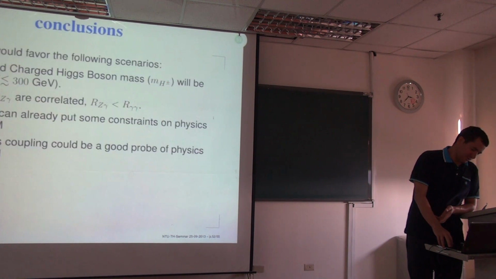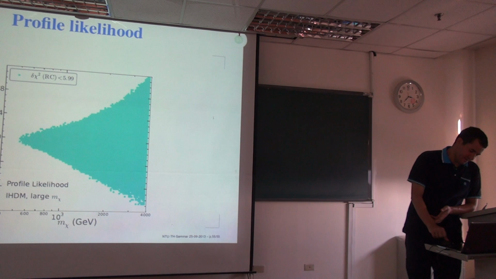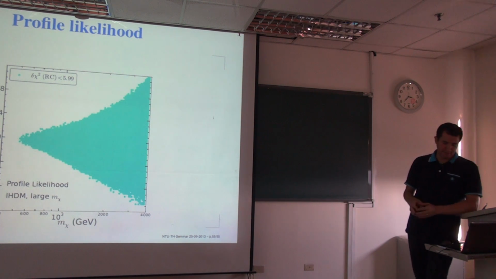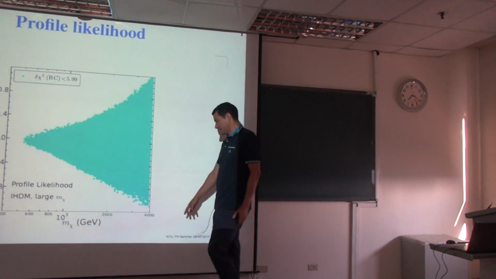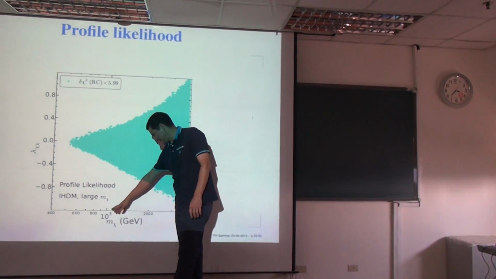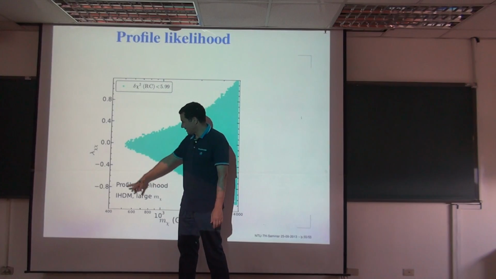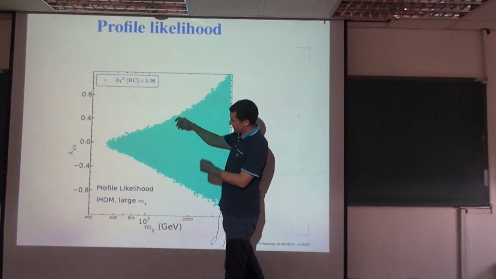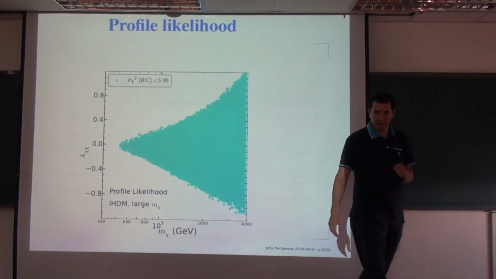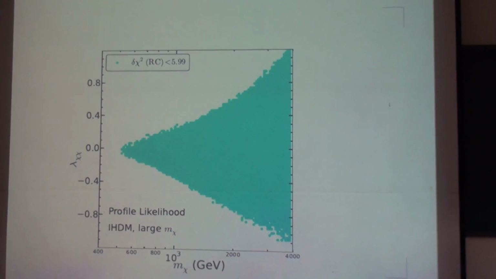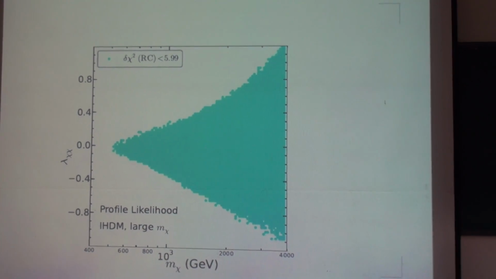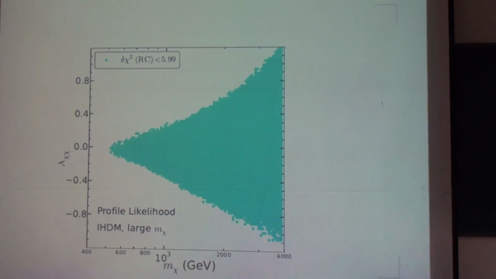I did not show you this plot. This is the profile likelihood for high mass M chi, of the order of more than 500 GeV. So lambda chi could be quite large, of the order 1, the maximum we can get. But on those plots we did not implement the relic density constraint.